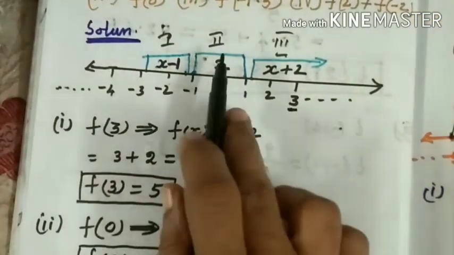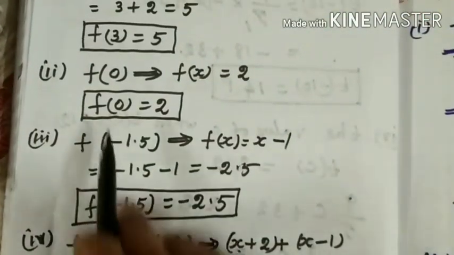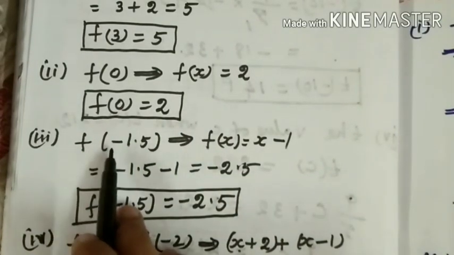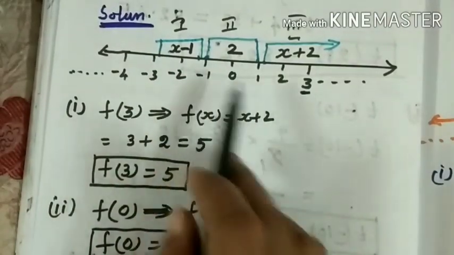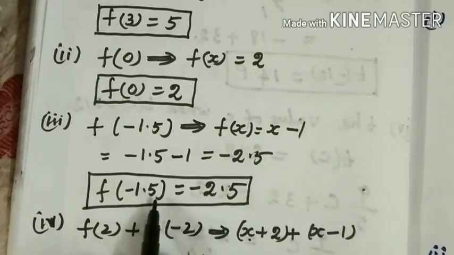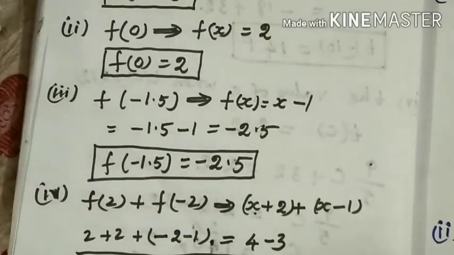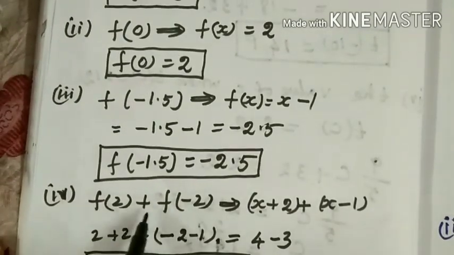Then next subdivision, f of 0. Then 0 lies in the second interval, the function defined as 2, therefore f of 0 equal to 2. Then third subdivision, f of minus 1.5 lies in the first interval, therefore the value of f of minus 1.5 equal to minus 2.5. Now come to the last subdivision, f of 2 plus f of minus 2.